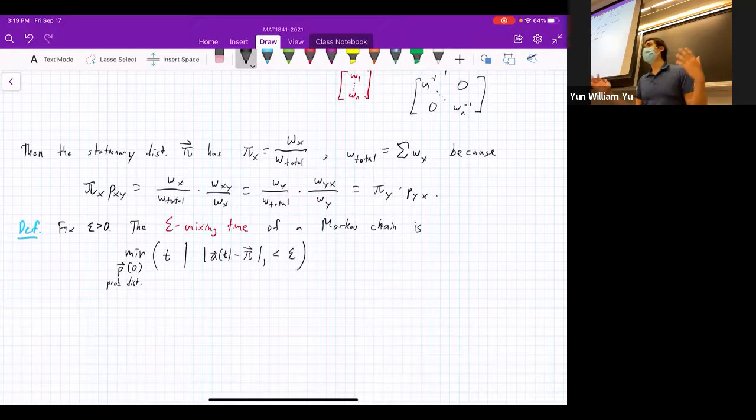So we're looking at the first time such that the distance between an arbitrary starting probability distribution and your stationary distribution is less than epsilon.